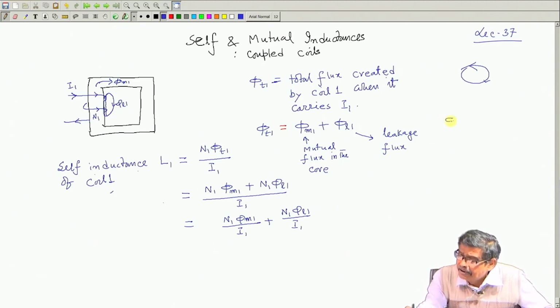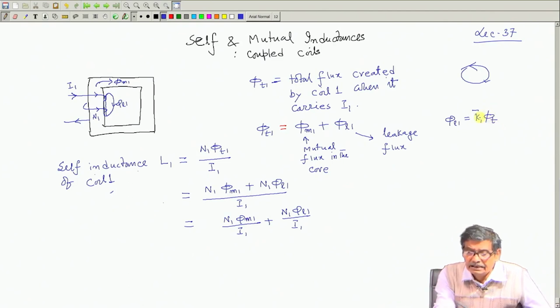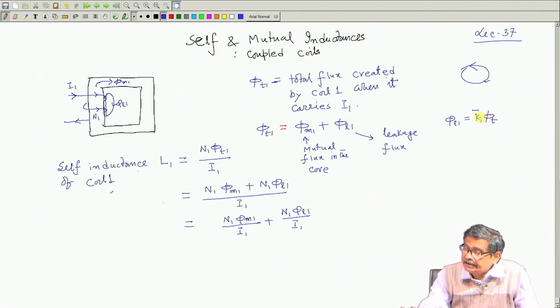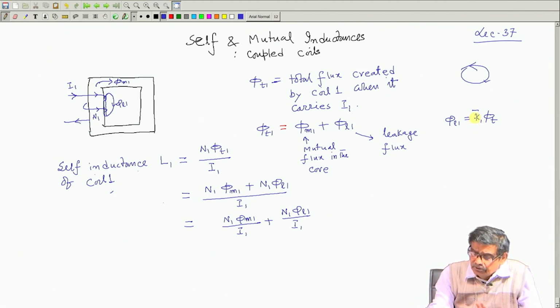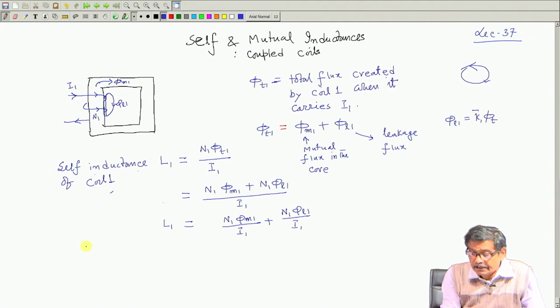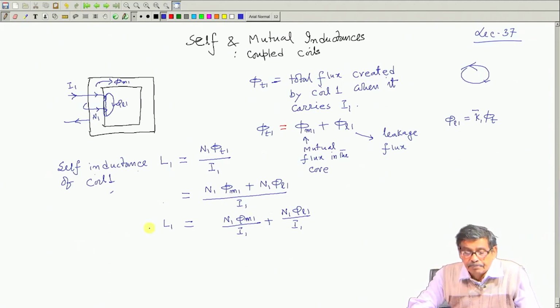For example, phi L1 can be expressed as some k1 bar into phi T, a little portion. 95-98% of the total flux created will be confined to the core, maybe 2%, 3% is leaking. So, k1 takes care of that. Of course, to calculate self inductance, total flux linkage is to be taken, because that is the definition of inductance of a coil.